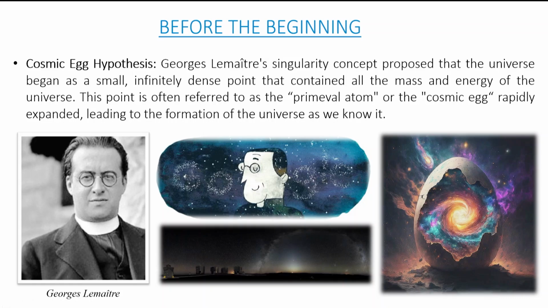Likewise, there could be a process of Big Crunch where the universe will finally end, but it will continue as a cycle, as also proposed by Georges Lemaitre, the Belgian astronomer, like we have discussed.